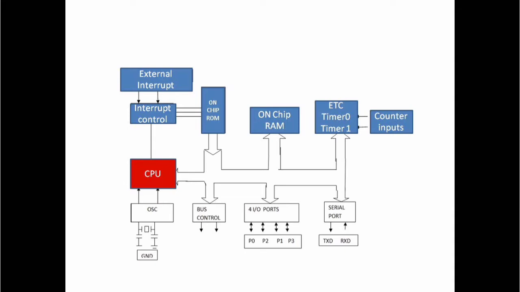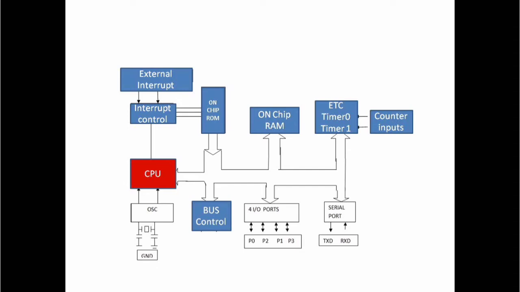After completing the service routine or the subroutine, again it will come back to the main program. In 8051 there are a total of 5 interrupts, out of which 2 are external interrupts and 3 are internal interrupts. Again we will discuss all the details of these interrupts in the next video.